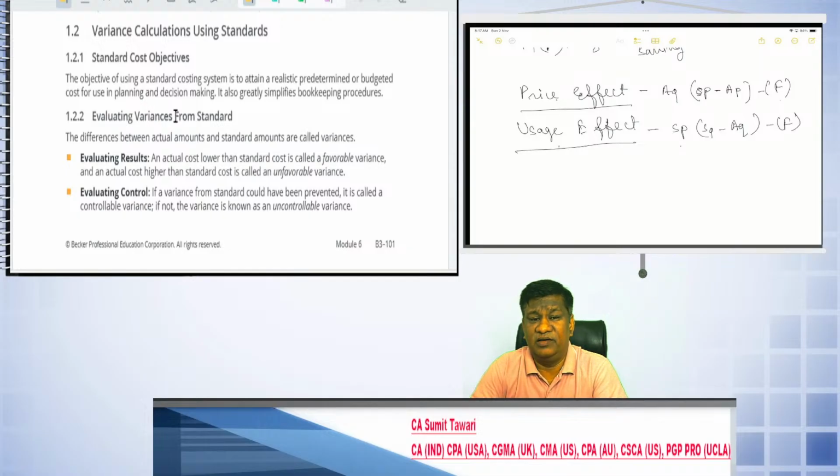So when you see an unfavorable situation because of price, you can reduce the raw material price with two options: look for an alternate supplier, or look for an alternate material. If you have an opportunity to shift, then it is a controllable variance. And if there is a monopoly or you cannot shift, then it is considered an uncontrollable variance.